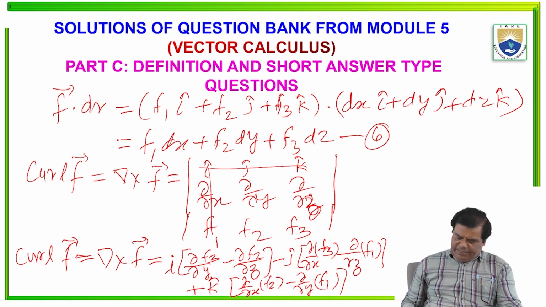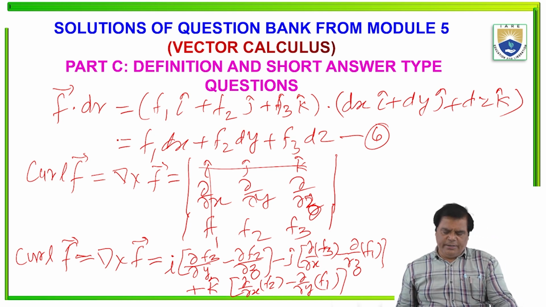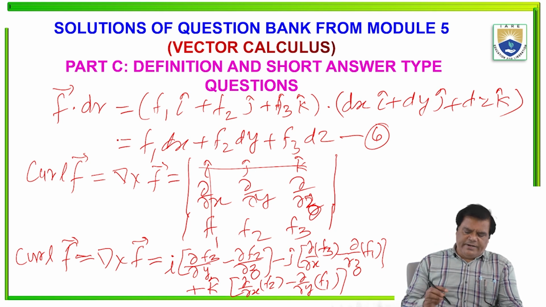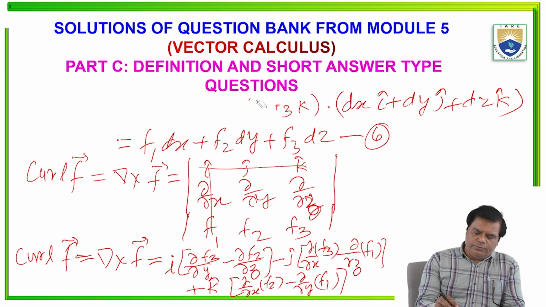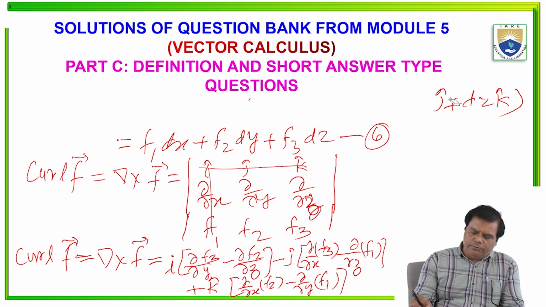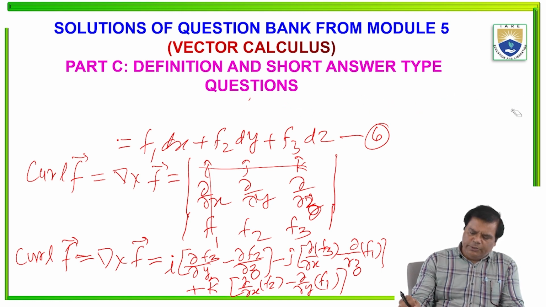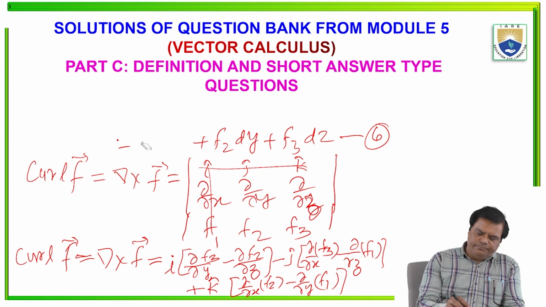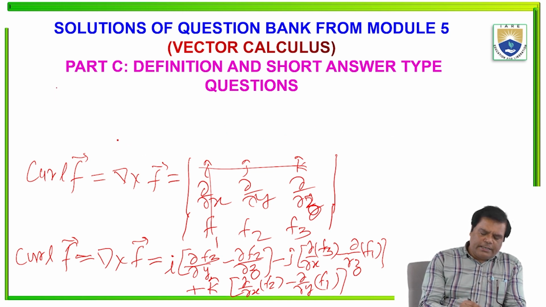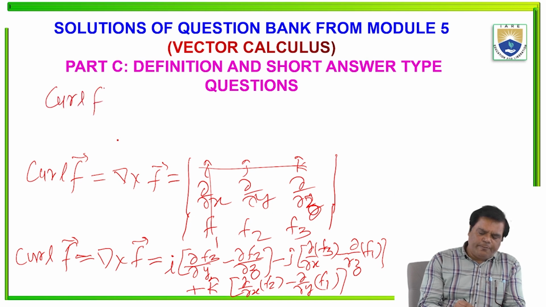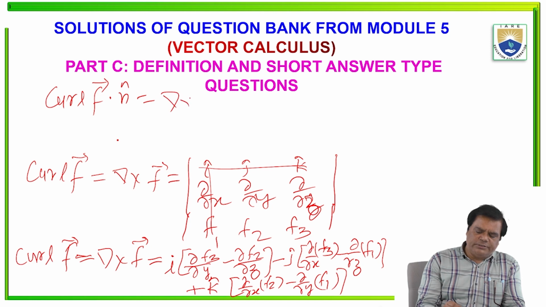So here finally we get del cross f. Okay. So we write the final formula: del cross f, curl f, dot n.